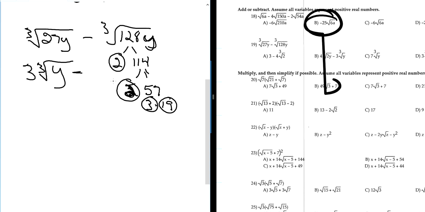With that, it is not a cube, right? I need three of the same number, and I've only got 2. So therefore this stays as it is. It's going to be 3 times the cube root of y minus the cube root of 128y. Let me double check that.